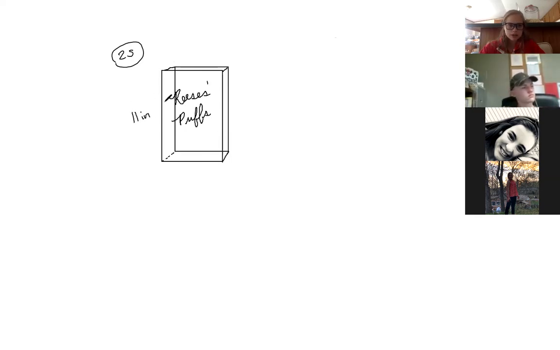So the height of this, well, first off, Brinley, what kind of object do we have here? A prism. What kind of prism? Rectangular. Yes, this is a rectangular prism because first it's a prism, but it's a rectangular prism because the bases are rectangles. So it's 11 inches tall, 8 inches wide.